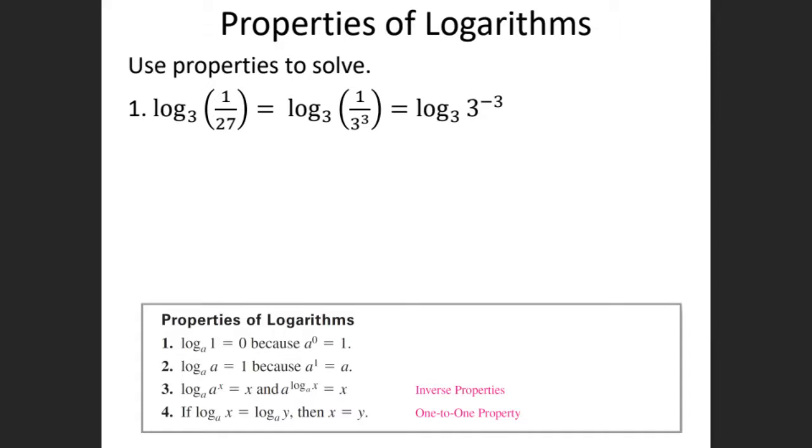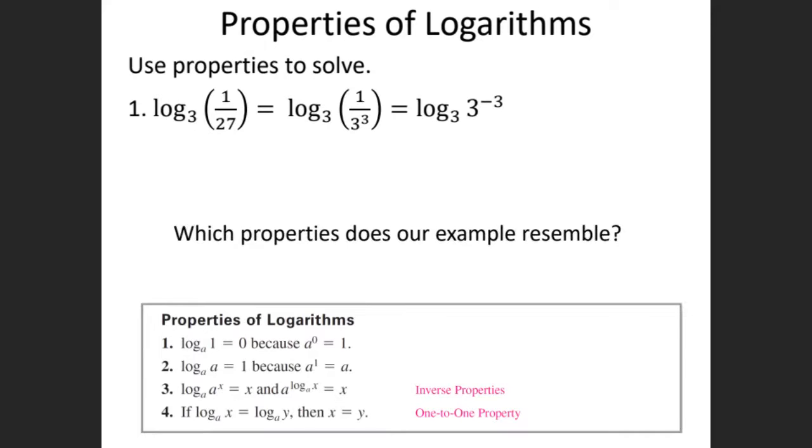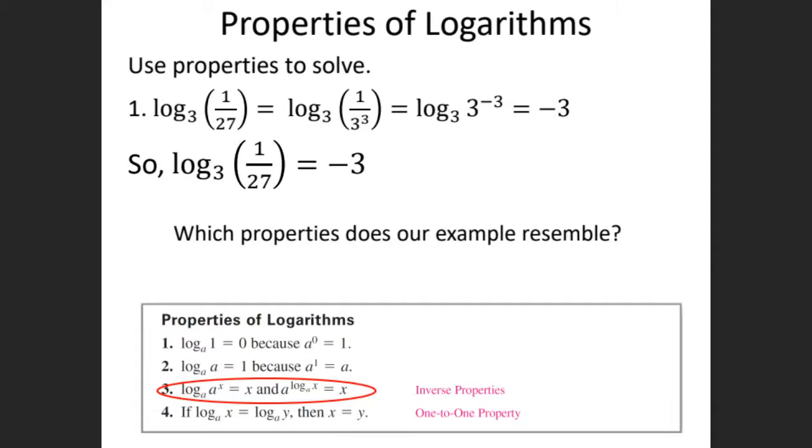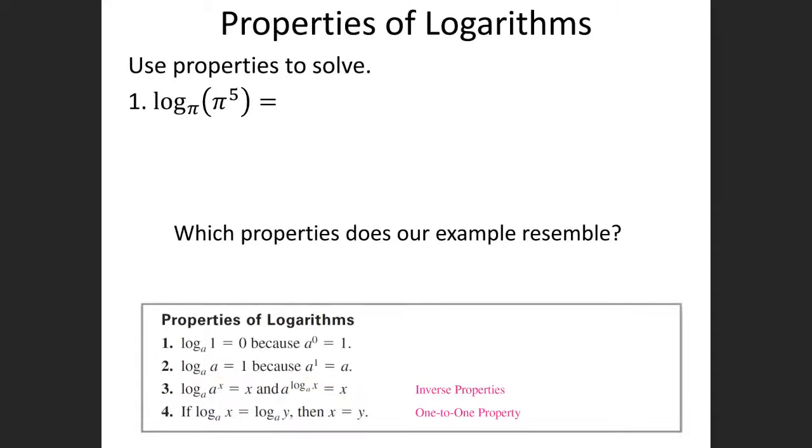I can use my power rule, saying that I just multiply this negative 3 to my log. So that's going to give me negative 3 times the log of base 3 of 3. And then I can use this property here: if I have a log with the same base and I'm inputting the same value, the value is just going to be the exponent. So you can see that my answer is still negative 3. Okay, so those are the two ways that we can use to solve these problems.